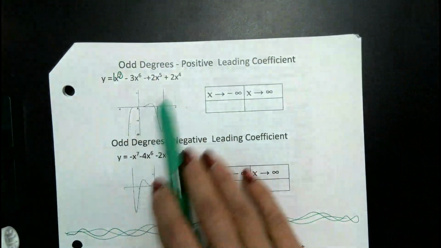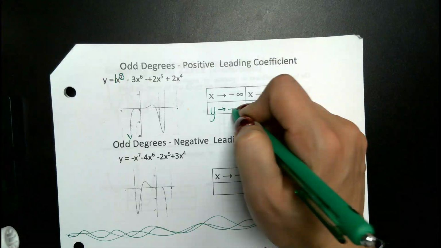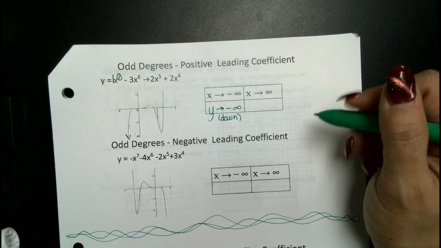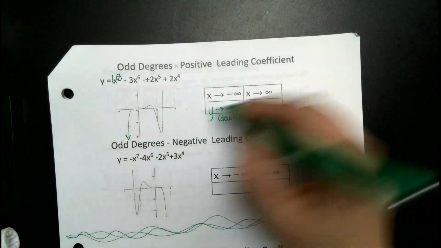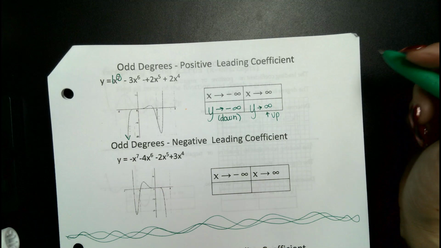Is that what's happening here? Yeah, the left side, as x goes to negative infinity, is going down. And then as x approaches positive infinity, y also approaches positive infinity.